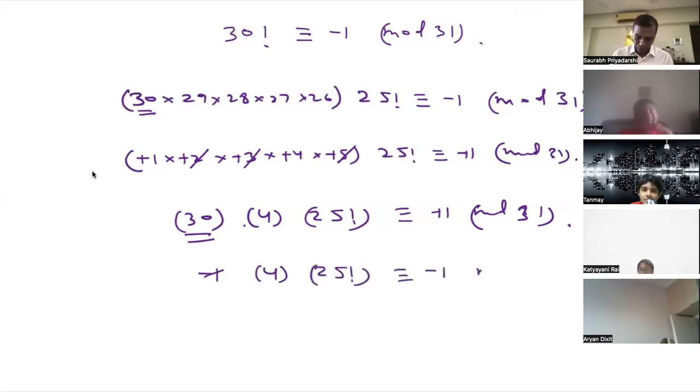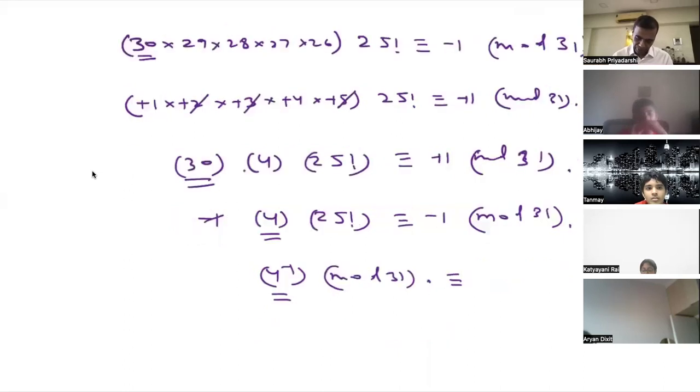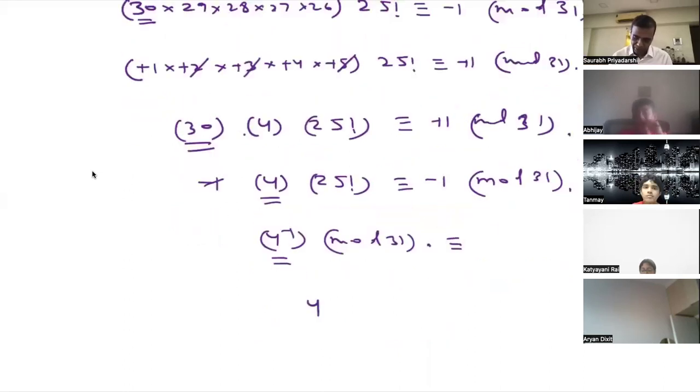So 4 inverse mod 31 is, we know that this is very simple. Again, you can find it from 4x congruent to 1 mod 31. Multiply by 8, I'm getting x congruent to 8 mod 31. And 4 inverse, this will be -8 mod 31. -8 mod 31 is the same as 23.